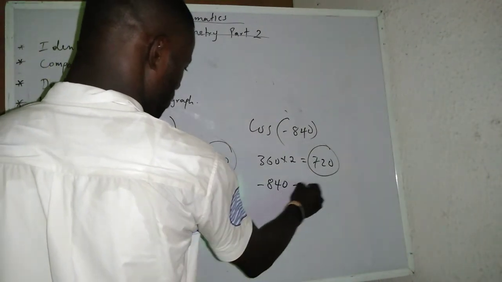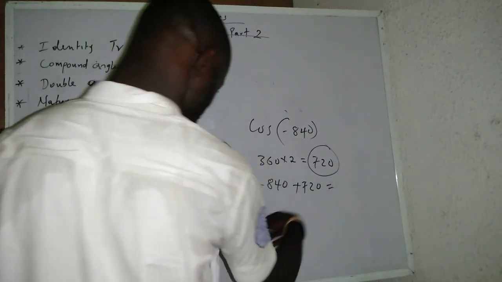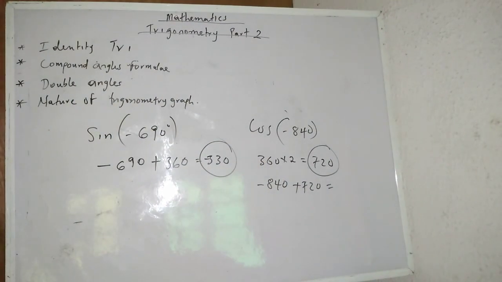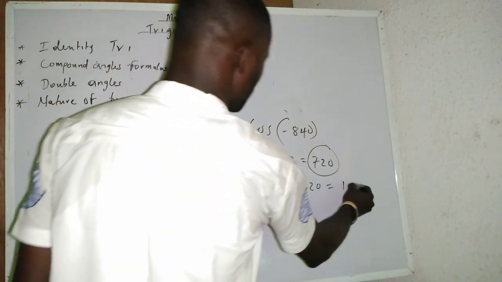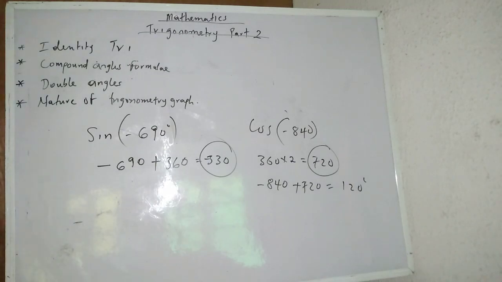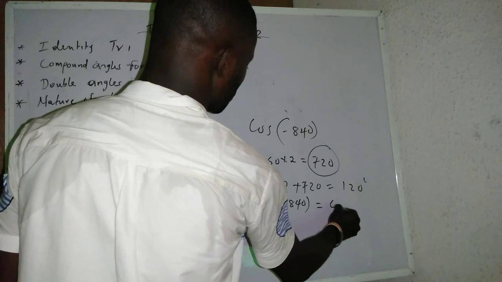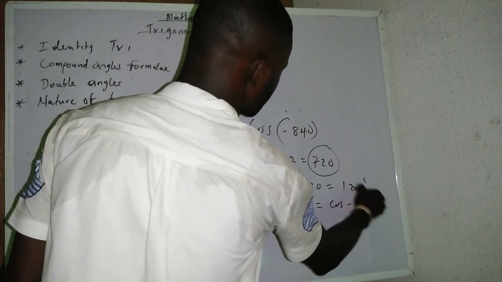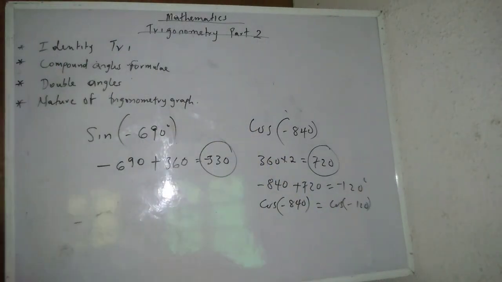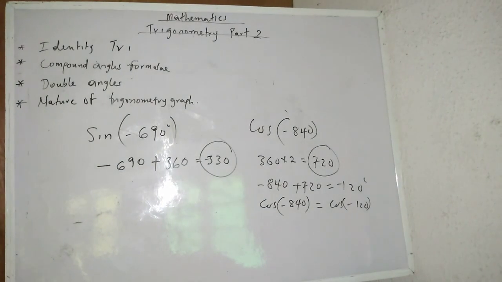Minus 840 plus 720 equals minus 120. Now, since I have 120 degrees, I can say that cos of minus 840 equals cos of minus 120. I can now solve it from there. That is all about that.